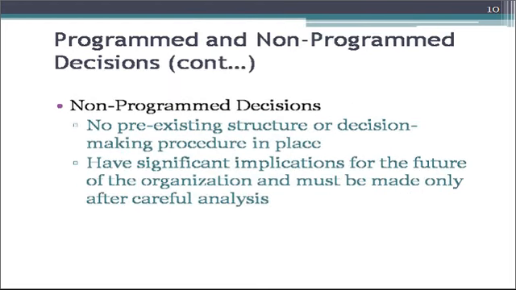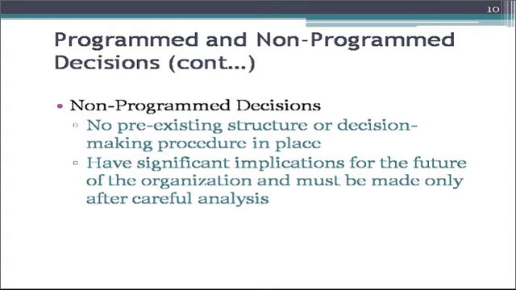Now, non-programmed decisions. That means there is no pre-existing structure or decision-making procedure in place, no predefined procedure is available to handle that problem.